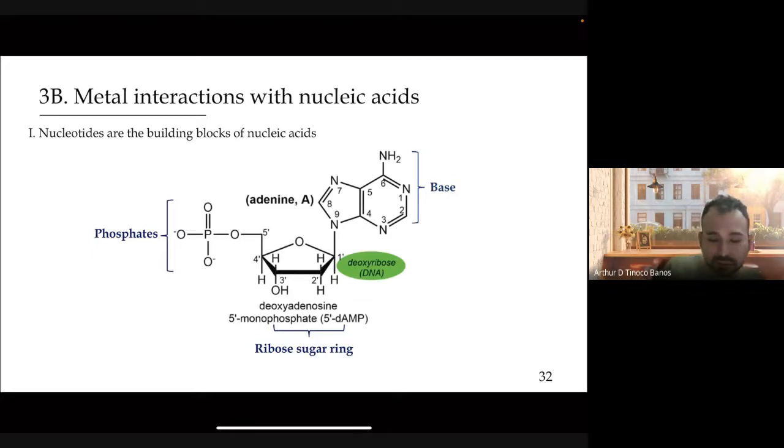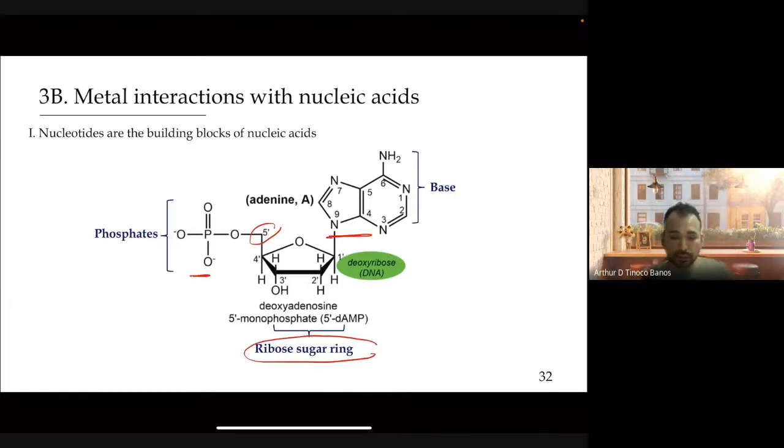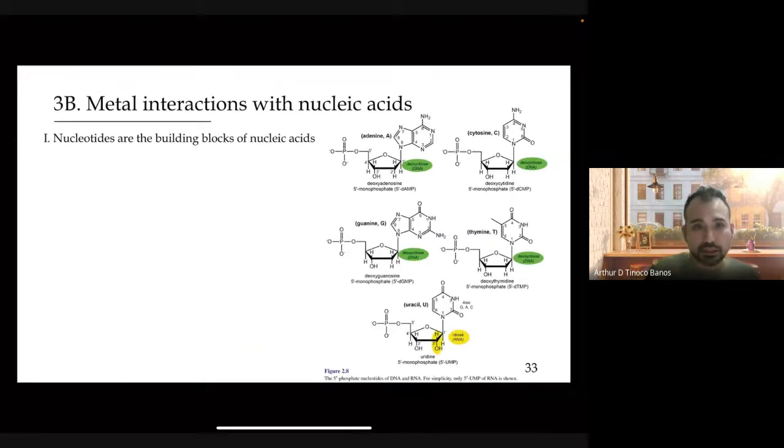Now, where is that phosphate group located? So here we have to look at it from the perspective of the sugar. Well, that is connected to the 5' carbon of the actual sugar unit, okay? And then the connection of the base, well, that's occurring at the 1' carbon. All right, so let's look at the building blocks with the different bases.